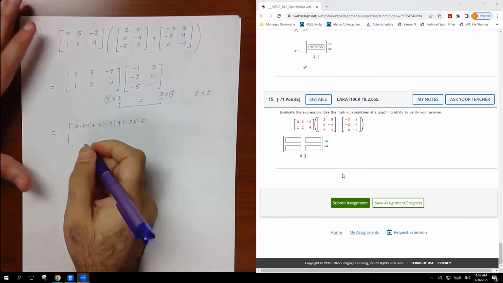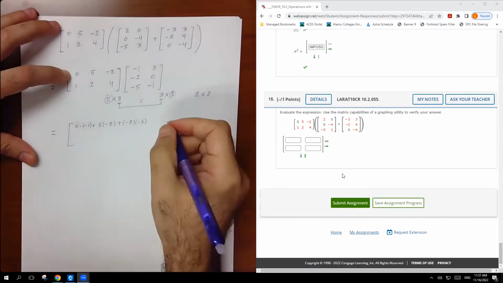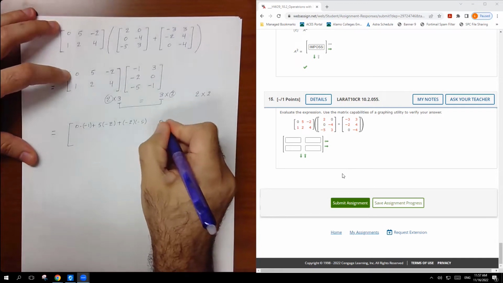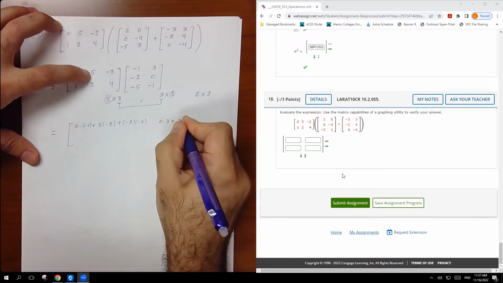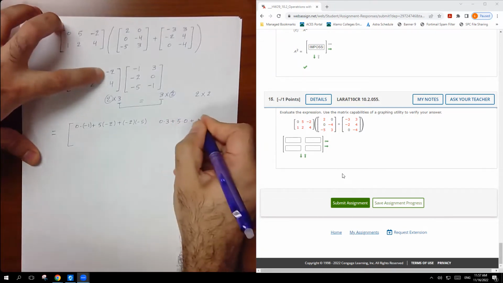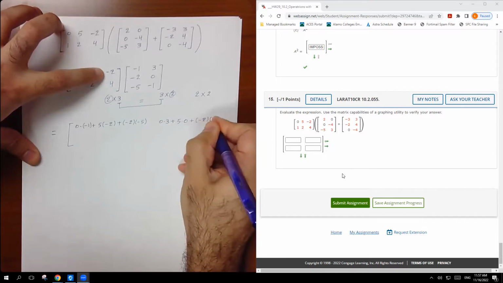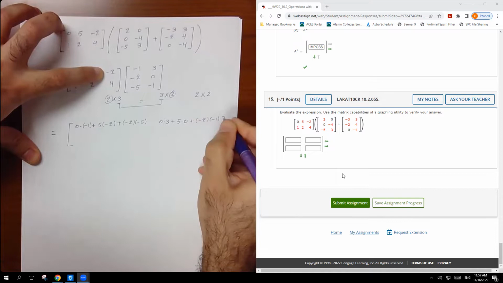Yes, maybe enough. Now the first row times the second column is going to be 0 times 3 plus 5 times 0 plus negative 2 times negative 1.